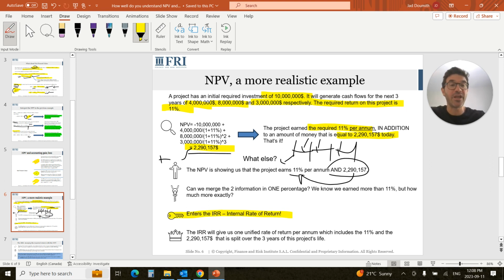And you guys will be able, after this video, to really connect the dots and understand why the IRR is calculated the way it is. But please remember for now that the role of the IRR is actually to give you one unified rate of return. It is nice to say this project earned 11% and an amount of money on top of that 11%. But can you tell me exactly how much the project earned in percentage?